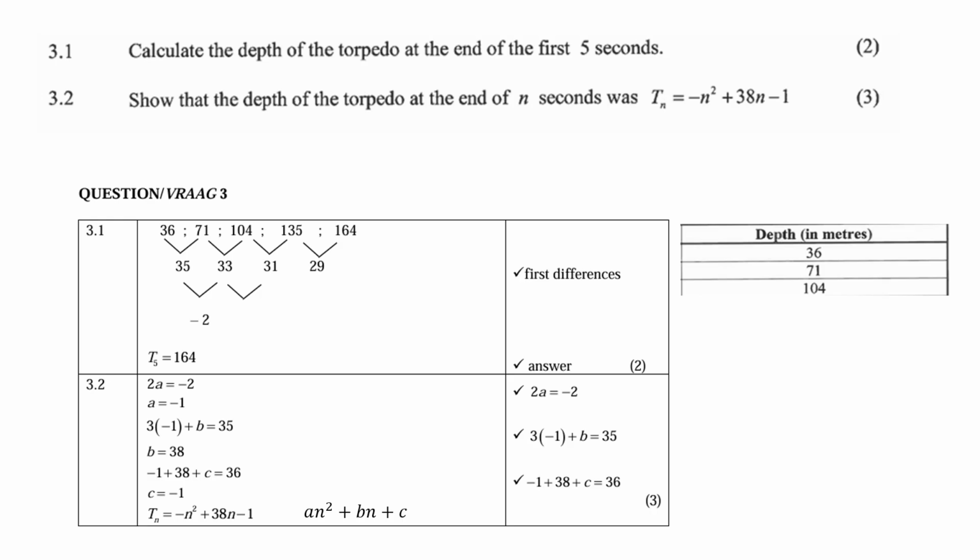So a is negative 1, so it gives you b as 38. Then to get the c value, you know a plus b plus c equals the first term, which is 36. Then therefore c is negative 1. Then we resubstitute back into an squared plus bn plus c, and we get that Tn is negative n squared plus 38n minus 1.